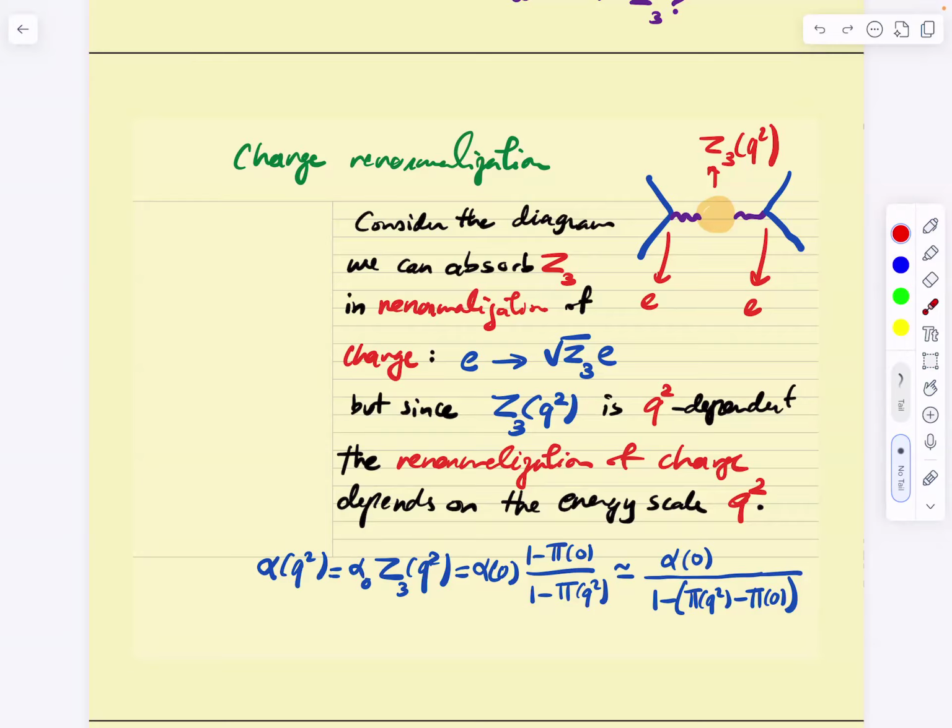Alpha 1/137. Yeah, 1/137 is already a normalized answer. It's e naught squared over 4 pi. The alpha of QED, if you recall from scattering, was just e naught squared over 4 pi. So the alpha at different scales are related by Z3 of q squared.